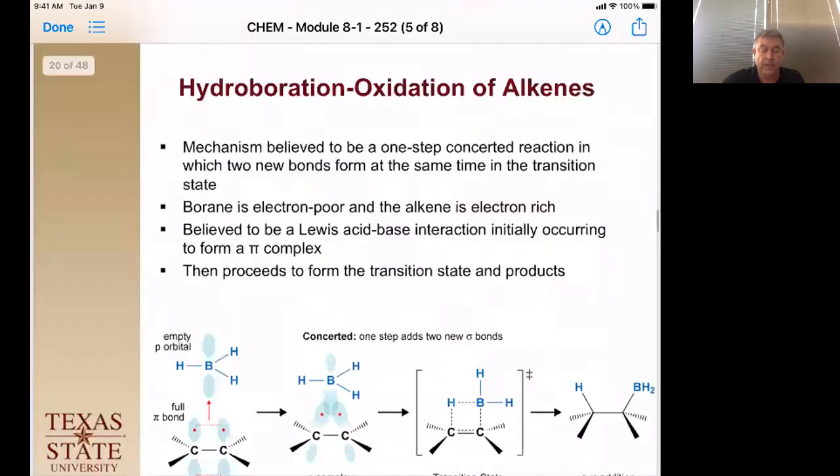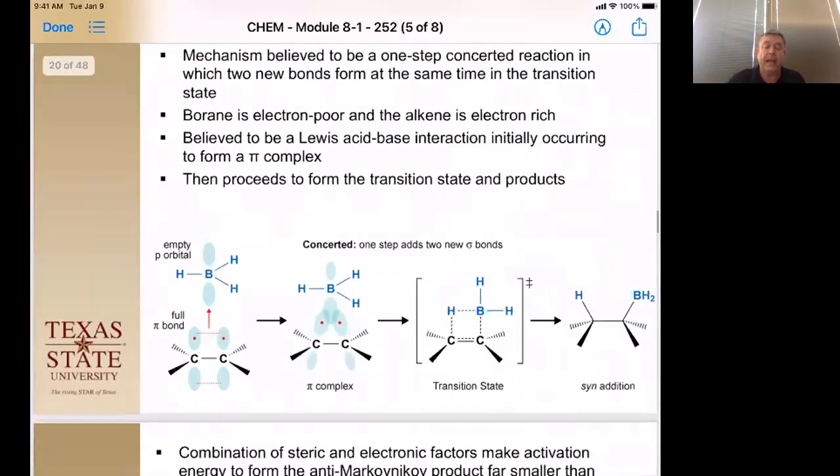Okay. So if we look at how the mechanism works, we have our empty p orbital start to arrange itself close to the 2 electrons in the pi cloud. Okay, so when it does this, it will start to move the boron and hydrogen closer to the double bond.